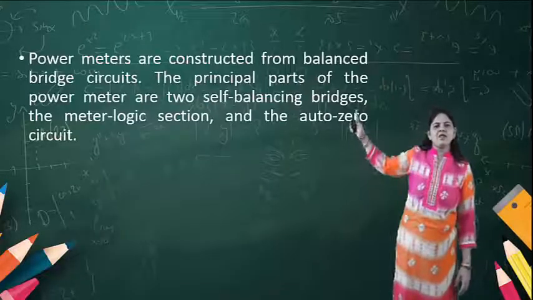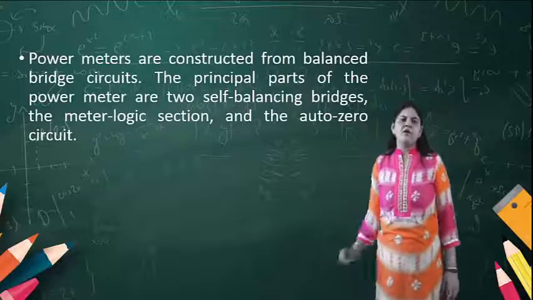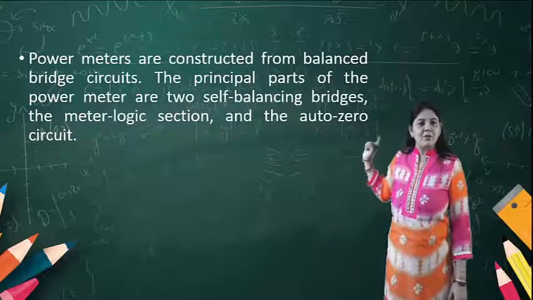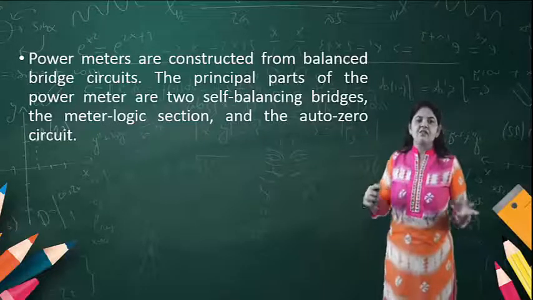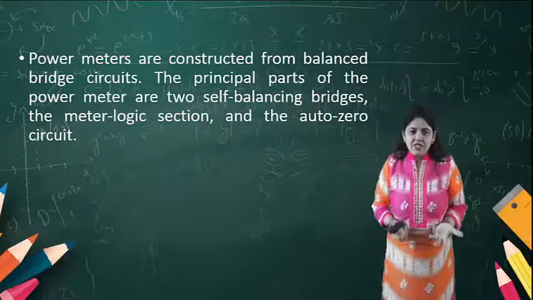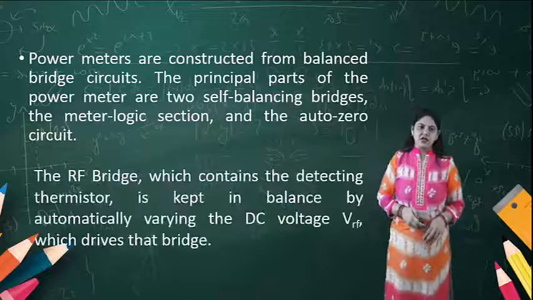Power meters are constructed from a balanced bridge circuit, and the principal parts of the power meter are the self-balancing bridges, the meter logic section and the auto-zero circuit.